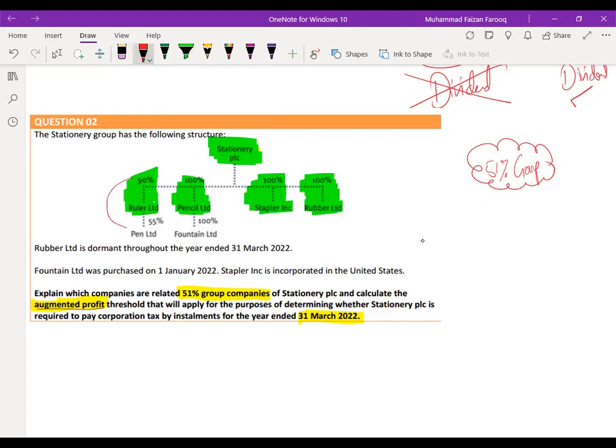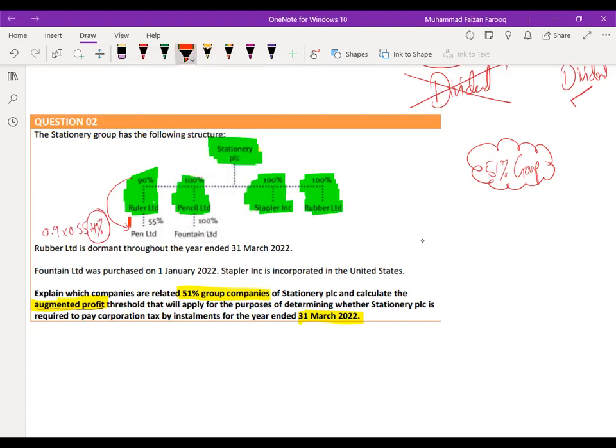Now, indirect holding, 0.9 into 0.55. How much? 49.5. So, will you take it or no?